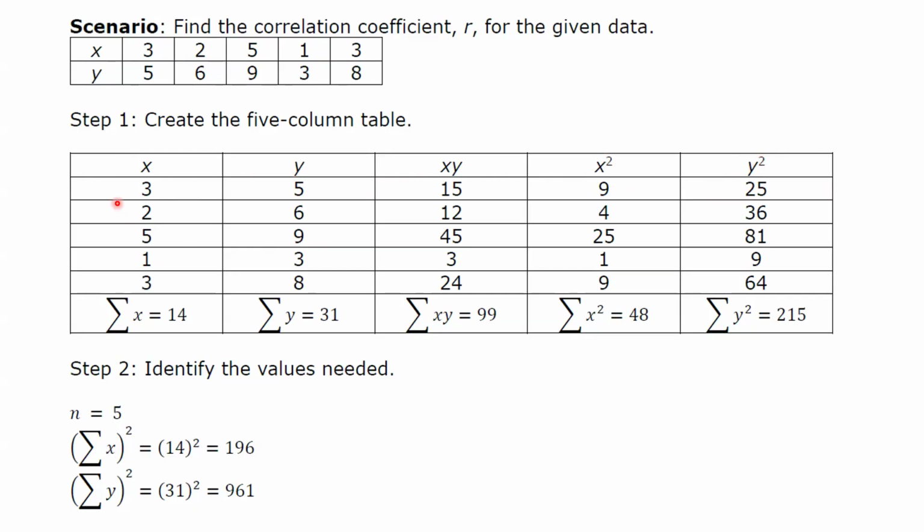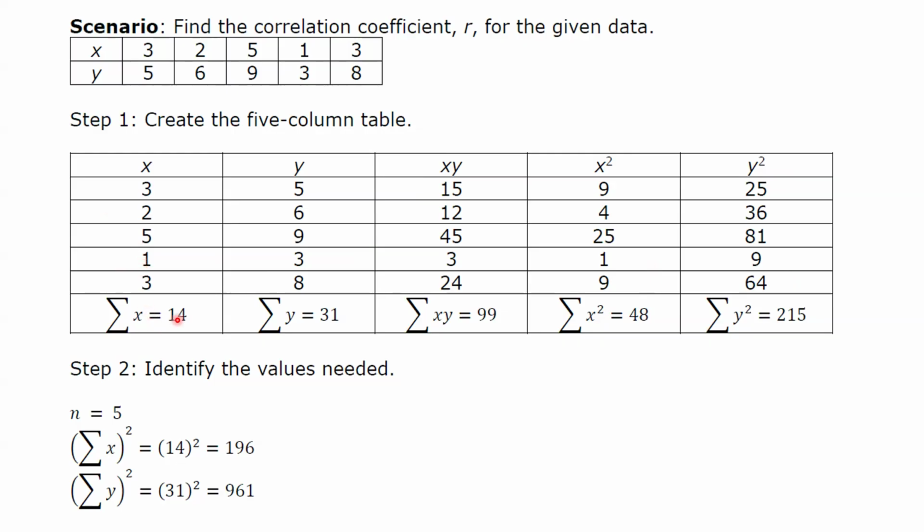Then we take the second row, which is 2 and 6, giving us 12, 4, and 36. We continue that process through all the other ordered pairs: 5 and 9, 1 and 3, 3 and 8. Now that we have all the x's, y's, xy's, x squared, and y squared, we want to find the sum, so we add up each column.